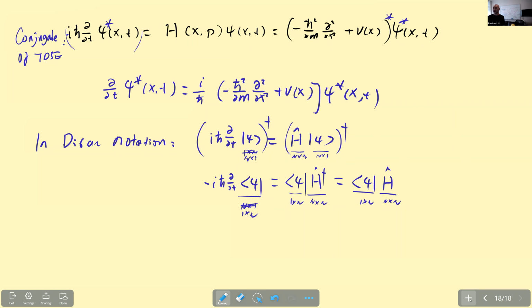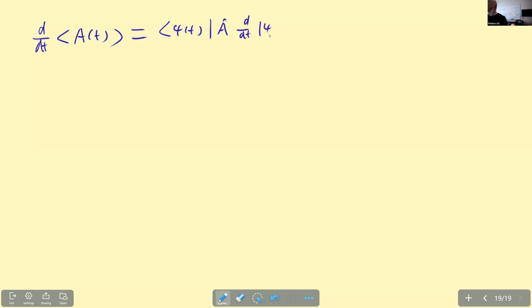And now let's look at the expectation value. So we have two terms. The first one is very simple. It's bra psi t, a, d over dt of ket psi t, right? So this one, of course, is very simple. It's just bra psi t and a.